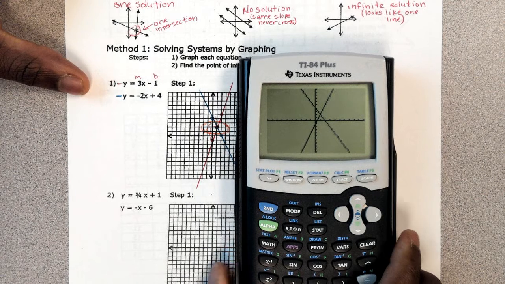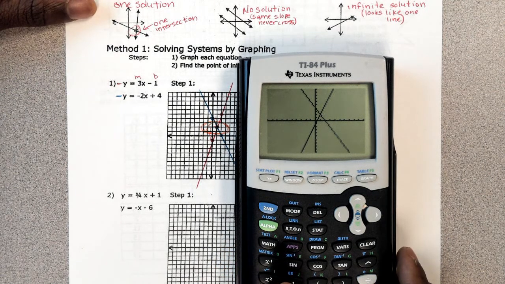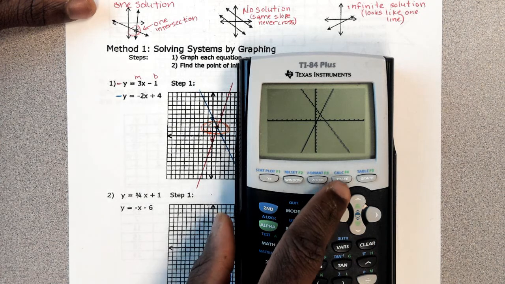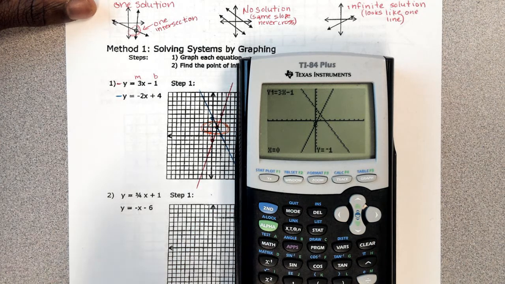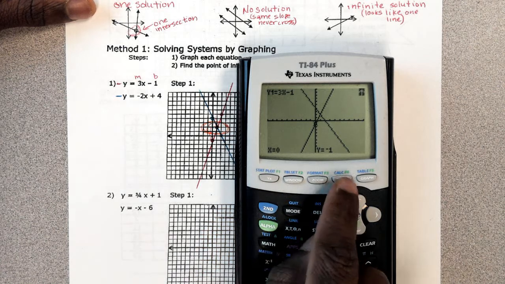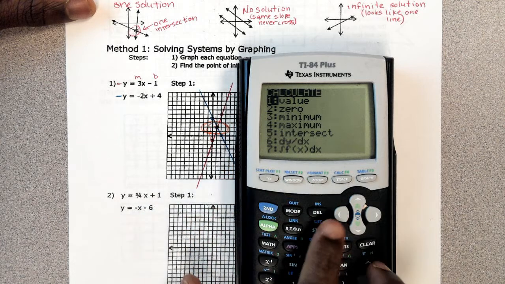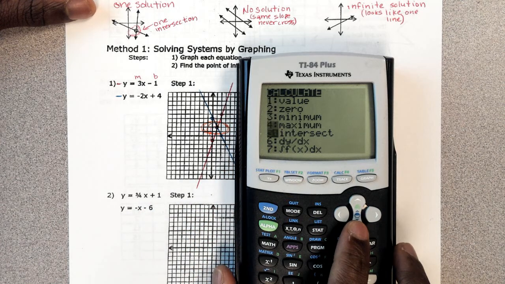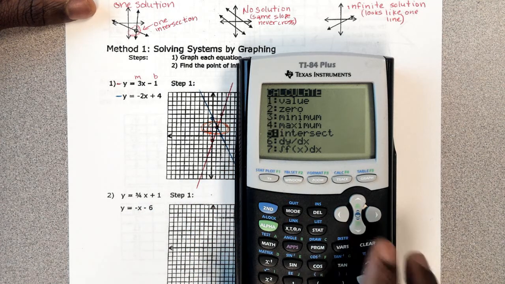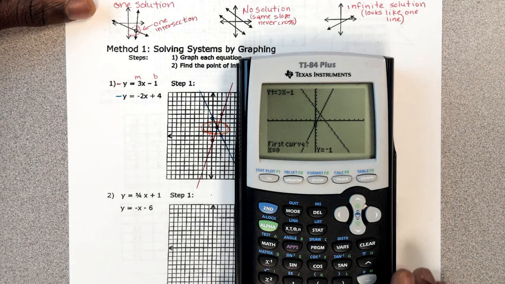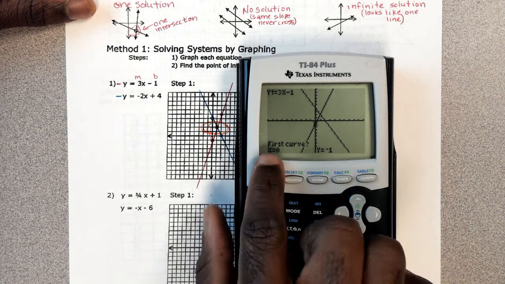And that looks strikingly similar to our graph. To find the point of intersection, you're going to press trace. I lied, second trace, so the blue button and trace. And we are looking for the intersection, which is option 5. Then it's going to ask you some questions.